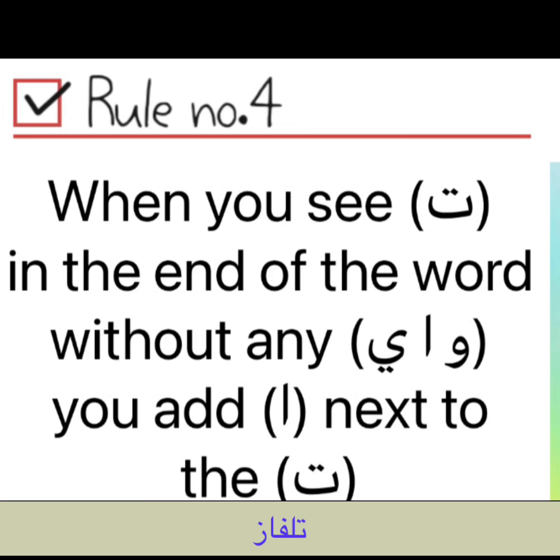Rule number 4: when you see a تاء مفتوحة at the end of the word, no, there is no تاء مفتوحة at the end of the word. It is a زاي, or a Z, in the word تلفاز. So rule number 4 can't be applied to this word. Let's go to rule number 5 then.